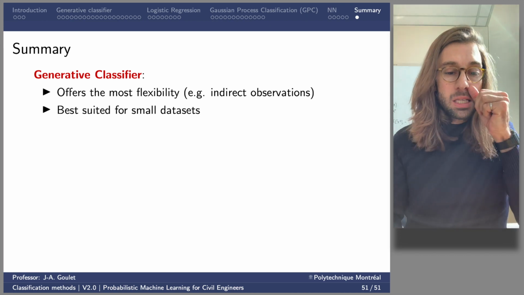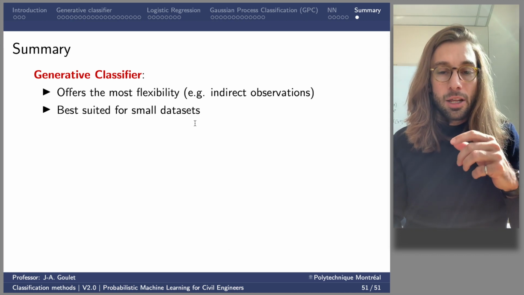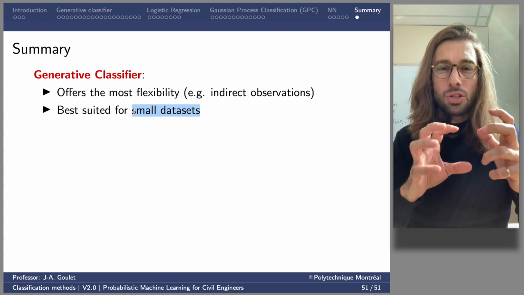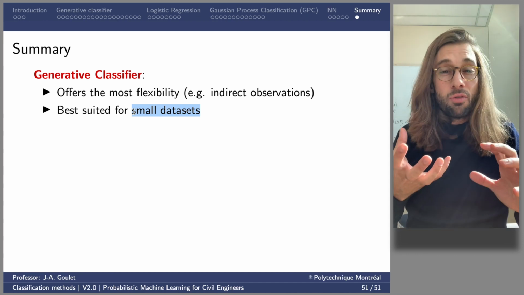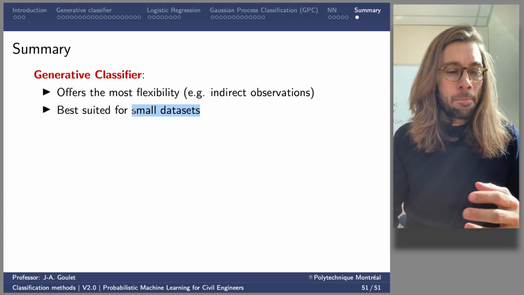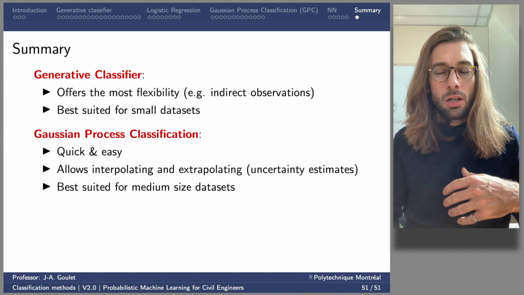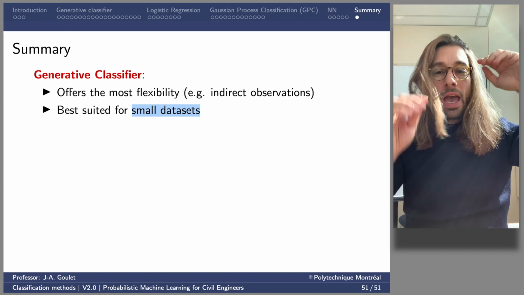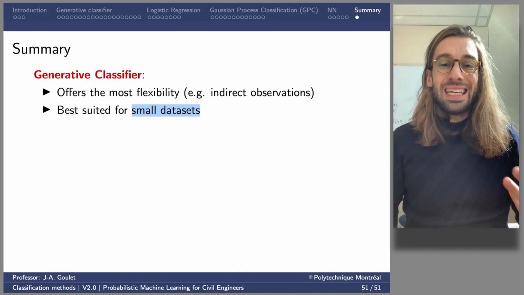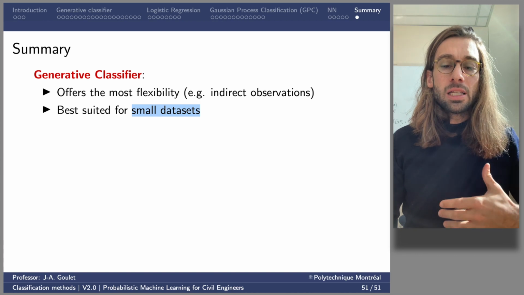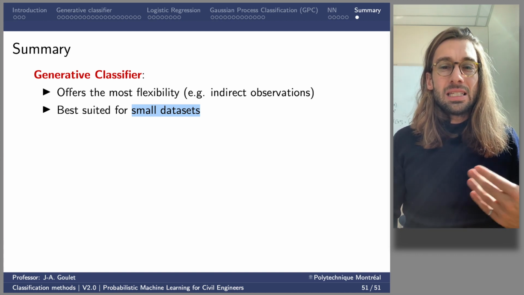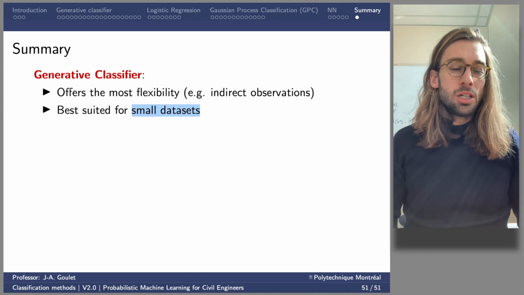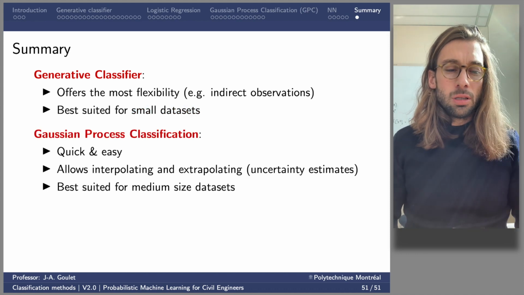So that's why it's best suited for small data sets that are mission critical, okay, where we really want to model all the little features we can have in our problem. And we can afford it because it's a small problem, okay? But for larger problems, if we apply the classic naive Bayes or LDA or QDA, linear discriminant analysis, quadratic discriminant analysis, it's not going to perform up to the task of the discriminative classifier, such as Gaussian process classification or a neural net.